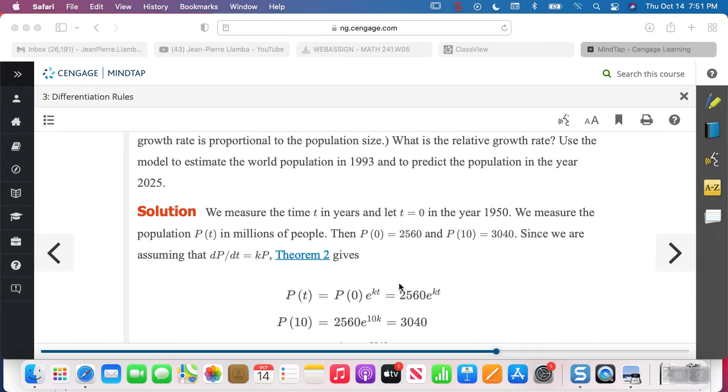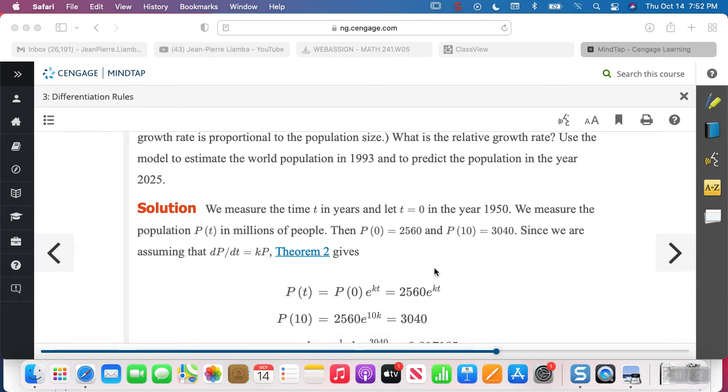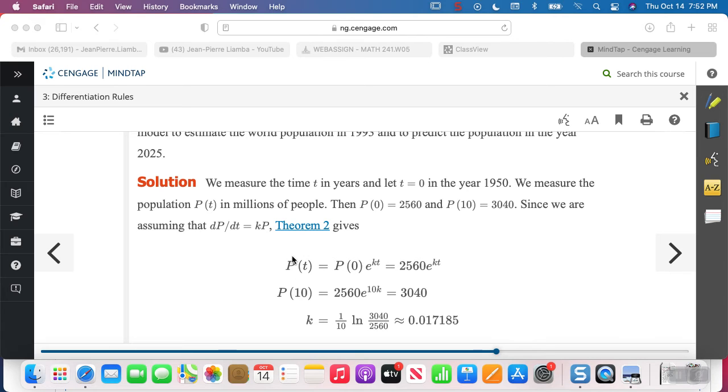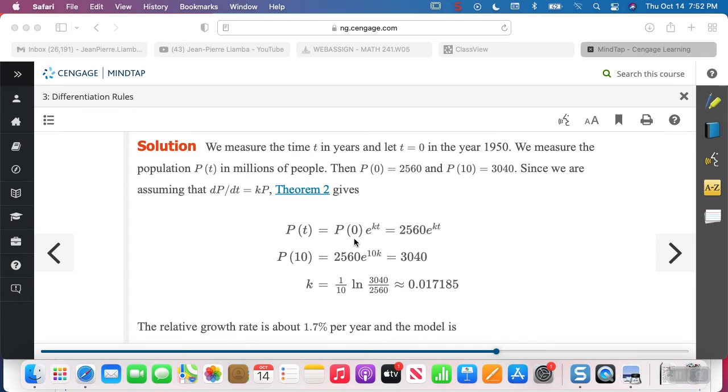So we're going to base our solution on this formula, the solution of this differential equation. P of 0 is the initial population, which is 2,560 million. So we replace P of 0 by 2560, and then e to the kt. They also give us P of 10, which means the population at t equals 10.